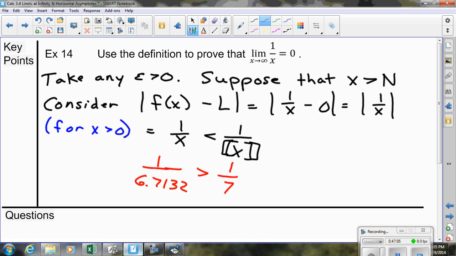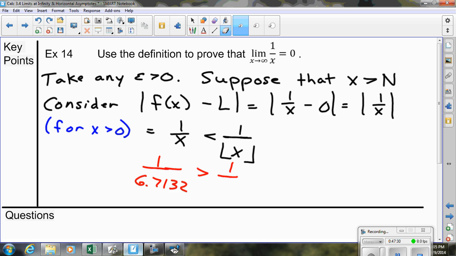Well, we don't want greater than. We want less than. So instead of using the greatest integer function, we could actually say, take this number and round downward using the floor function. Likewise, that's saying something like 1 over 6.7.